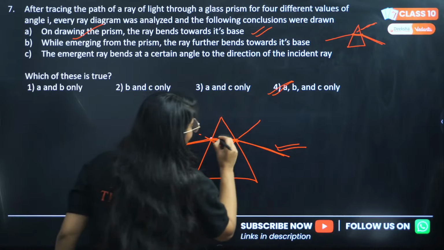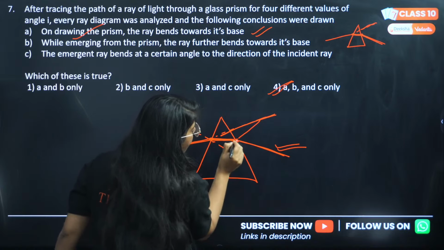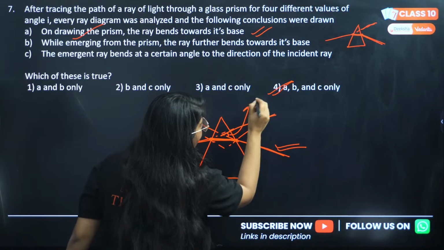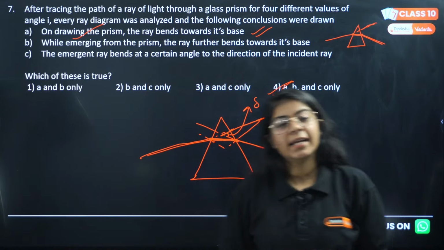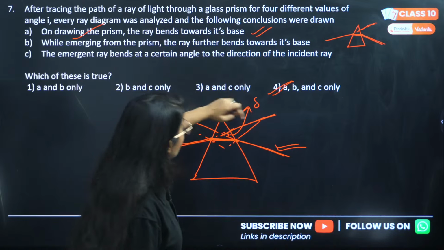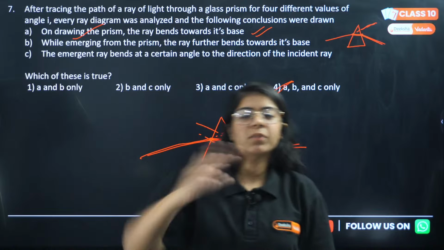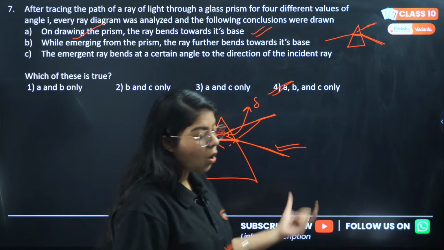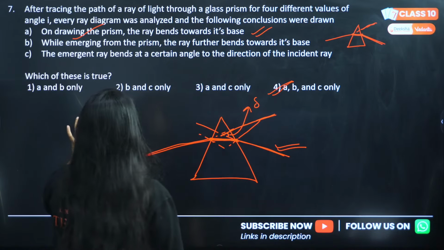This is my incident ray, and it goes like this. This is called angle of deviation, which we have studied, and it does mean that the emergent ray bends at a certain angle to the direction of incident ray. So A, B and C all are correct.